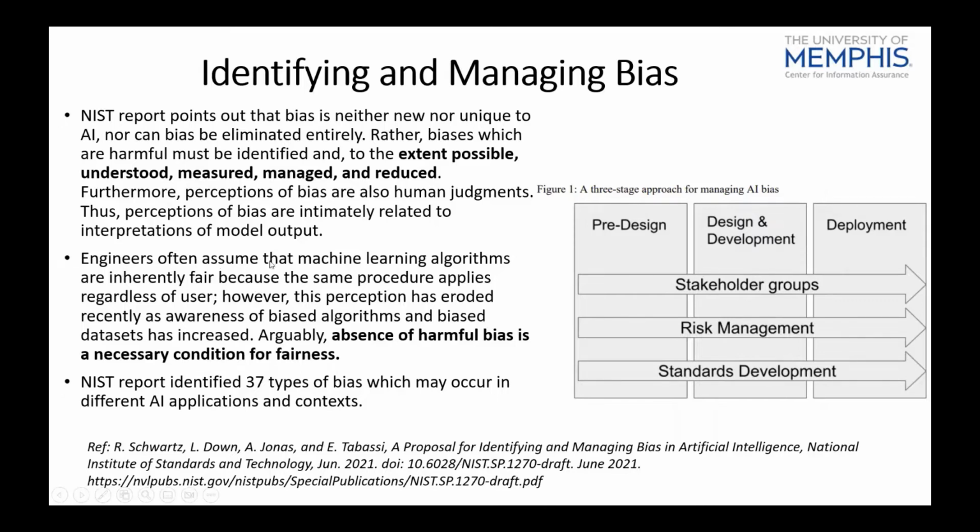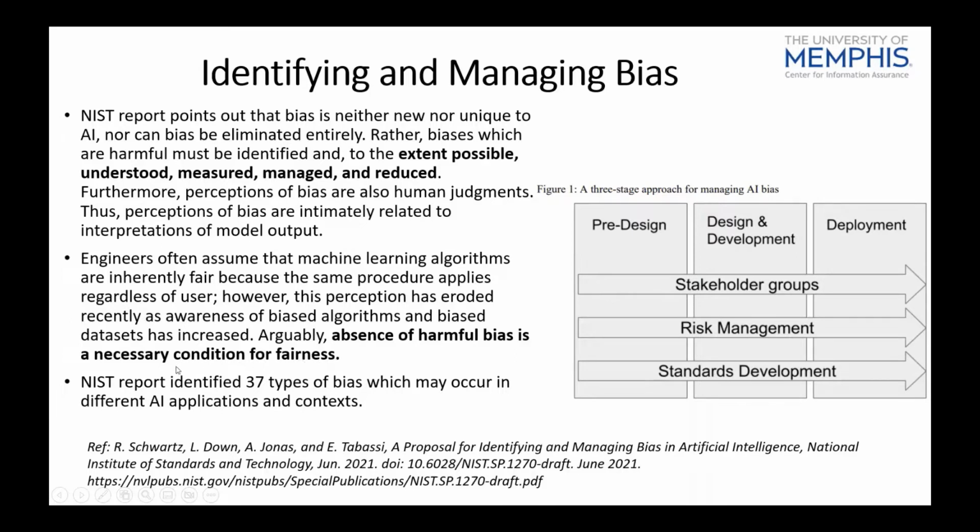So you can see engineers often assume the machine learning algorithms are inherently fair because the same procedure applies regardless of user. But technology is not neutral. It is how it has been implemented. This perception has eroded recently as awareness of biased algorithms and biased data sets has increased. Arguably, the absence of harmful bias is a necessary condition for fairness.